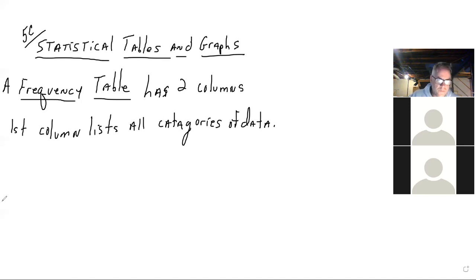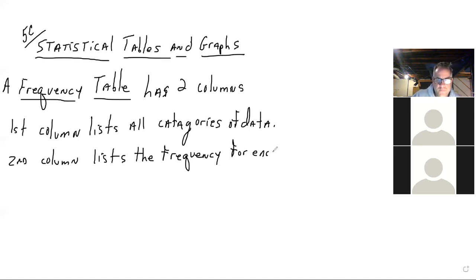And the second column lists the frequency for each category, which is simply the number of data values within that category.